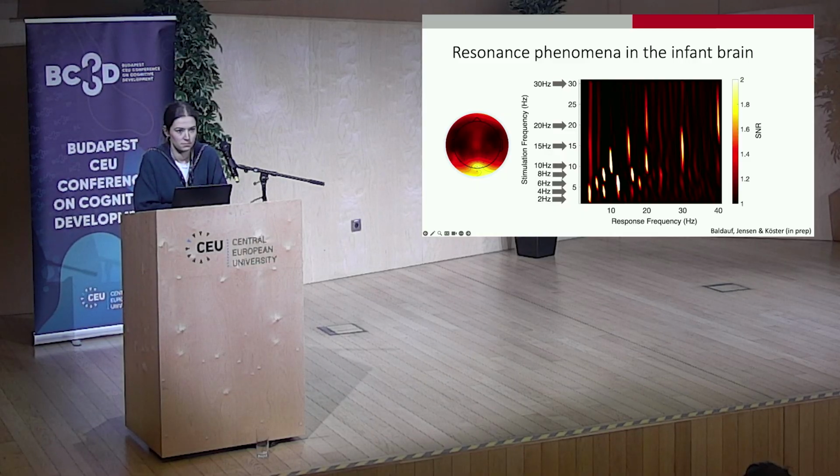Maybe one more quick question, if there is one. Hi. You make a task-related claim, that you find these 4 hertz, 8 hertz frequencies because of the task processing. But are you actually comparing it to baseline or anything?